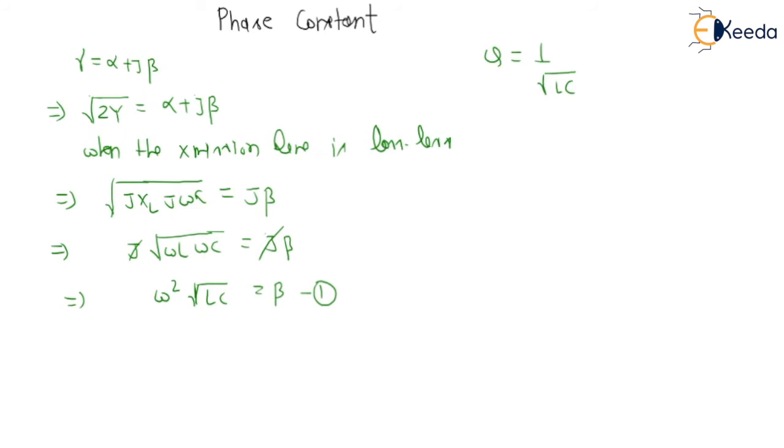Now we are going to apply v, and we know that v is equal to f into lambda. So v is equal to f into lambda.